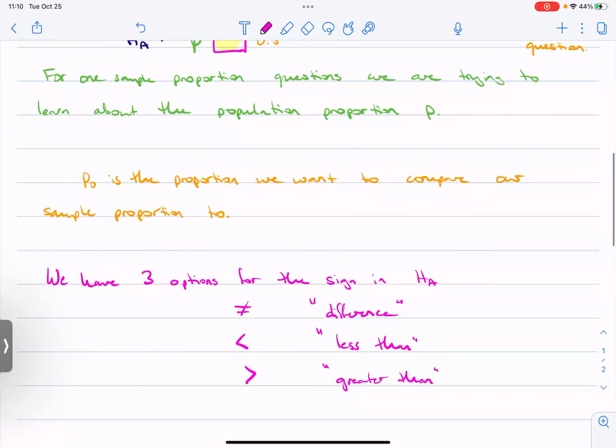Depending on the question, we're going to choose what sign we have in the alternative hypothesis. Now, what's kind of tricky for most people is that the sign that we have here, we're going to need way later in step 3. That connection is tricky for a lot of people.